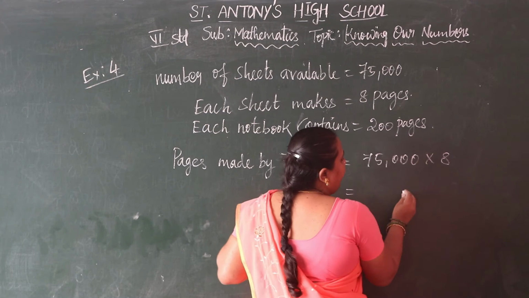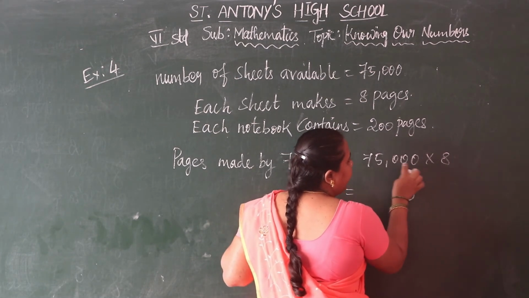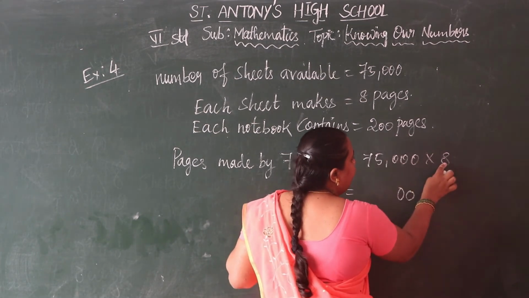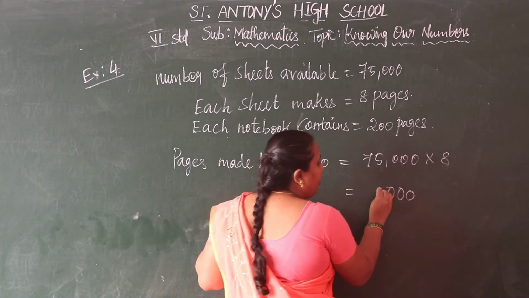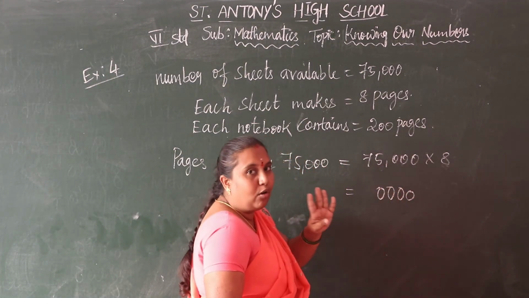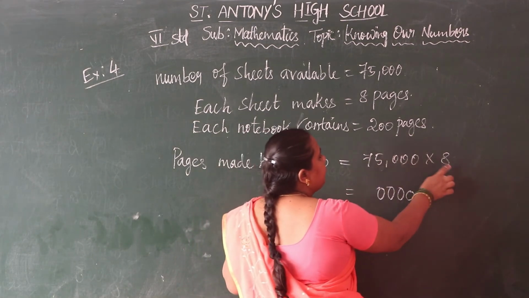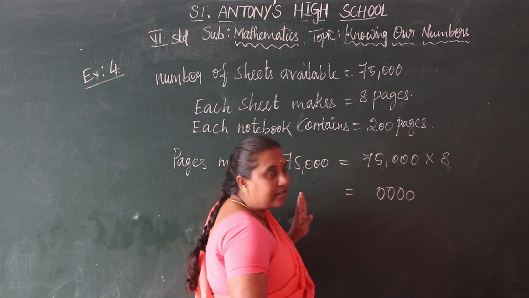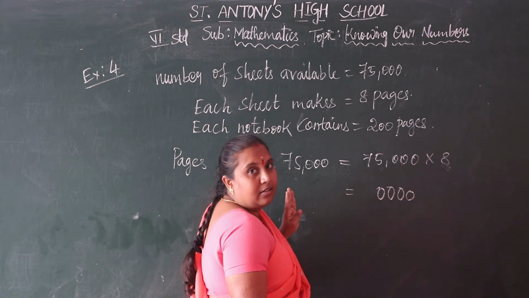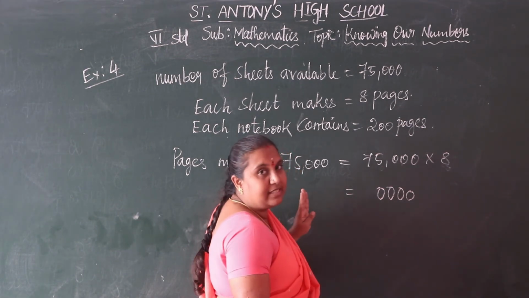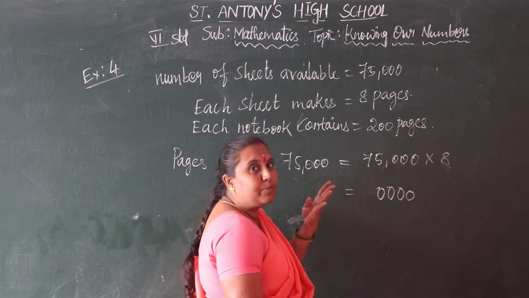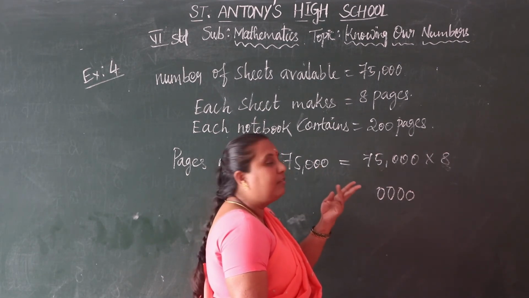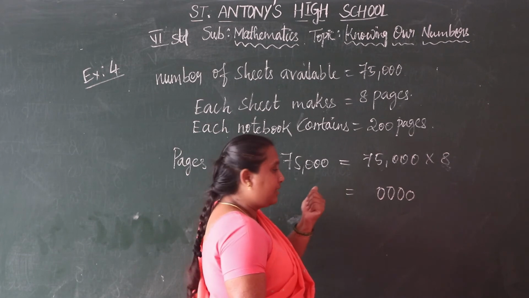See, 0 into 8, 0, 8 into 0, again 0, 8 into 0, again 0, and 8 5s are 40, 0. We have 4. Okay, 7 8s are 56. So 56 plus 4, 60.